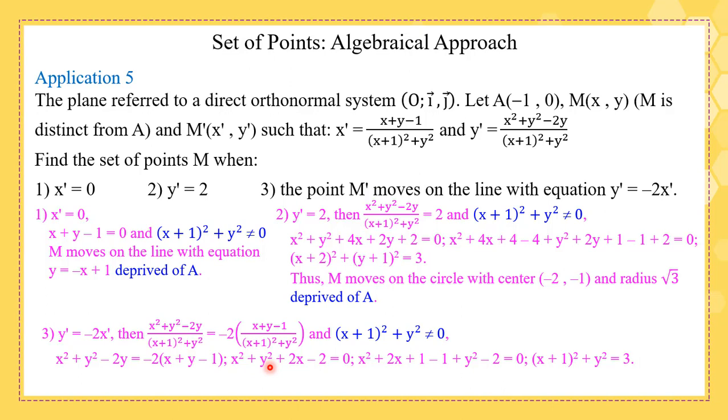We simplify it more to get this expression. We reorganize x's alone, y's alone, we add and subtract to complete the square, and finally we get such a relation. And this represents a circle whose center is (-1, 0) and radius is radical 3, and don't forget to exclude point A.